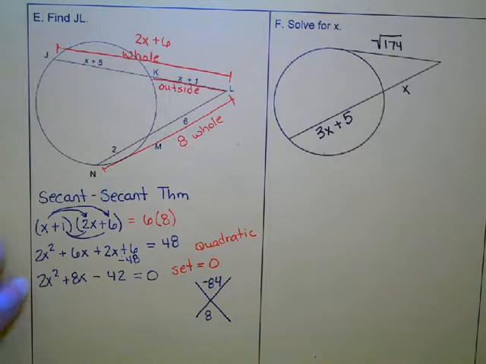Or we can sit here and try and figure out what numbers multiply to 84 and come out to 8. So 21 and 4 would work, but doesn't come up to 8. How about 84 divided by 2?